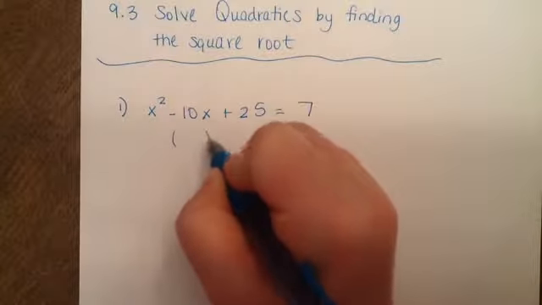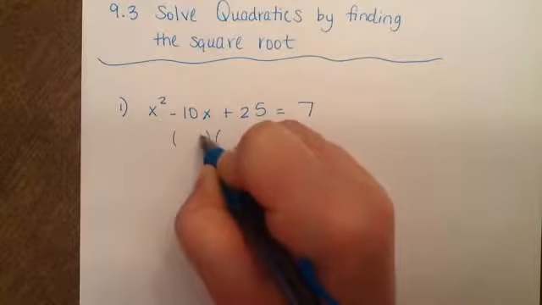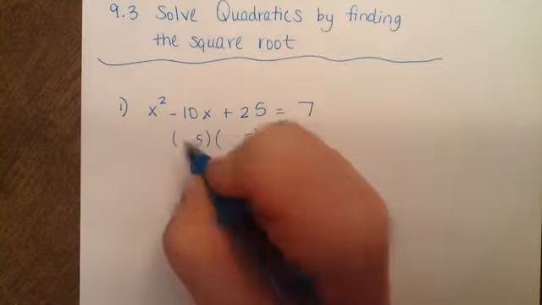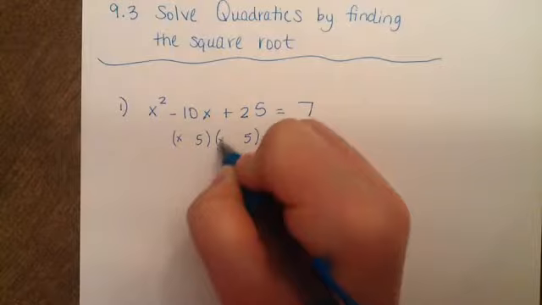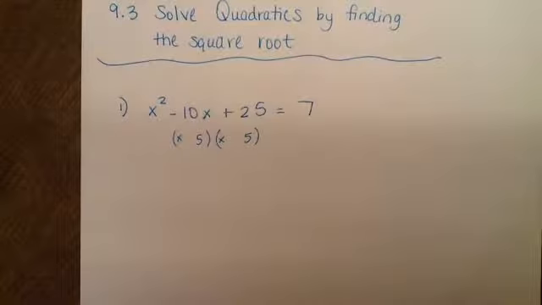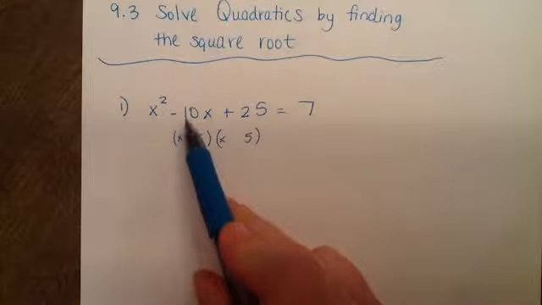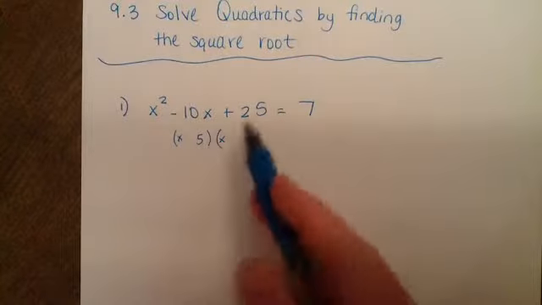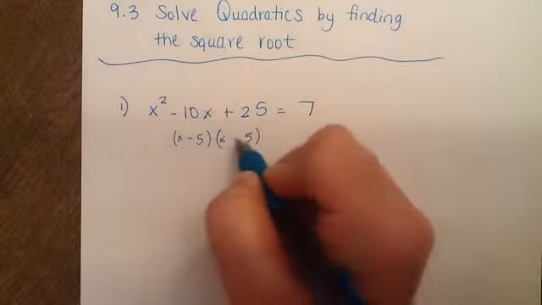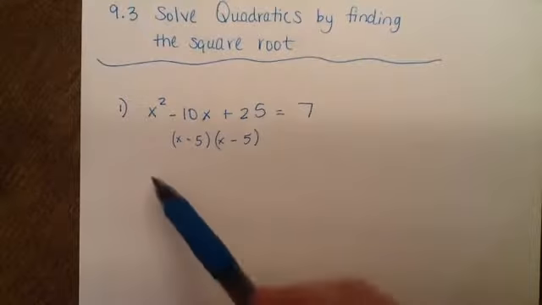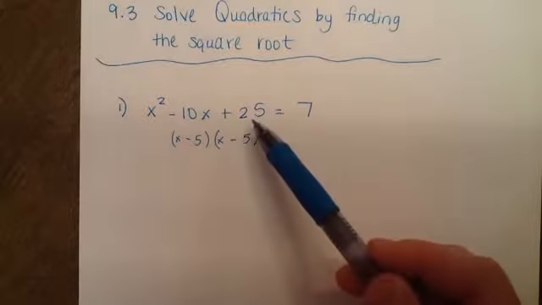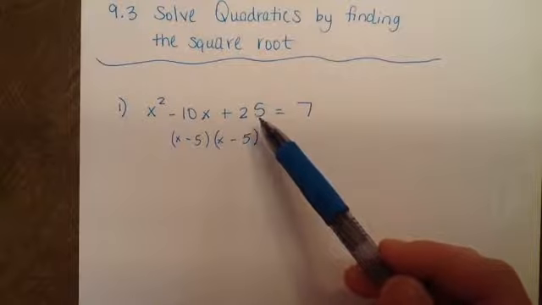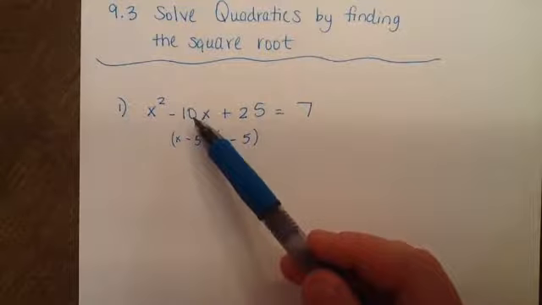5. So when I factor this, 5 and 5, remember we used to make that chart, and they both have to add to a negative 10, so both 5s should be negative. Remember we made a chart and we found what values multiply to 25 and add to negative 10.